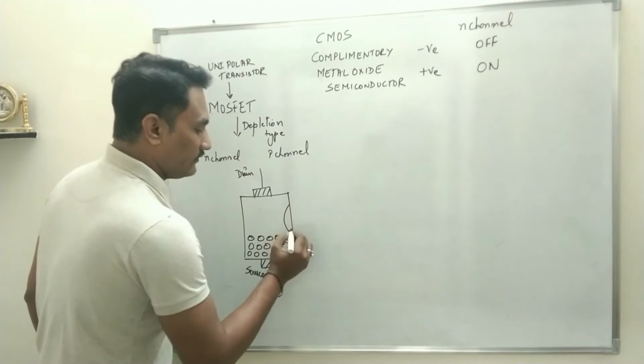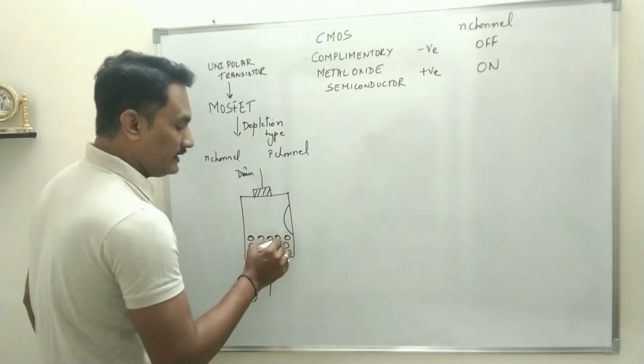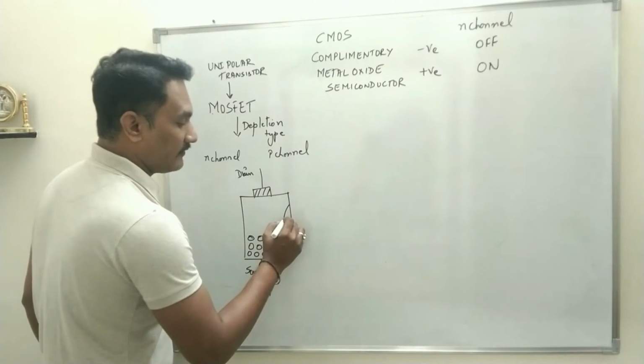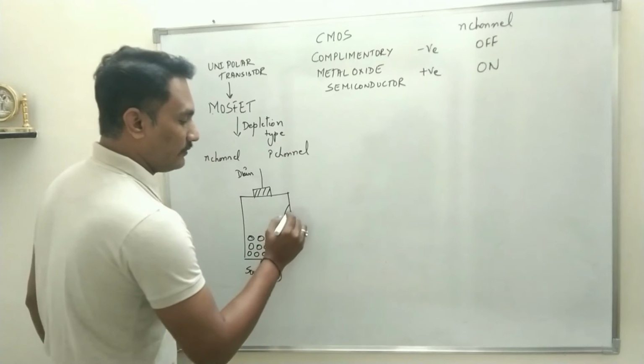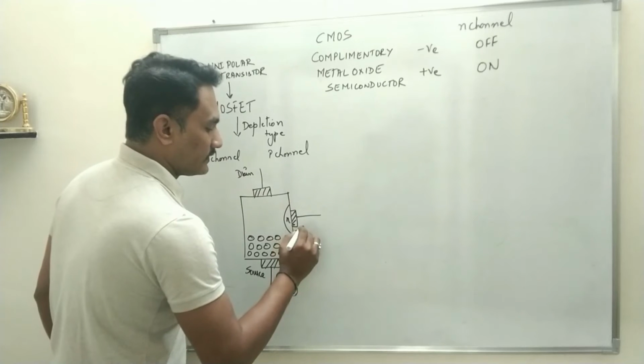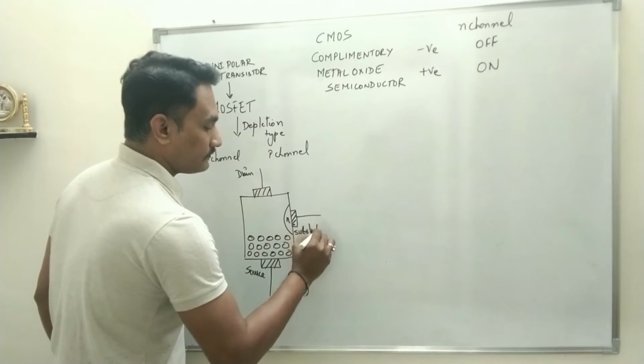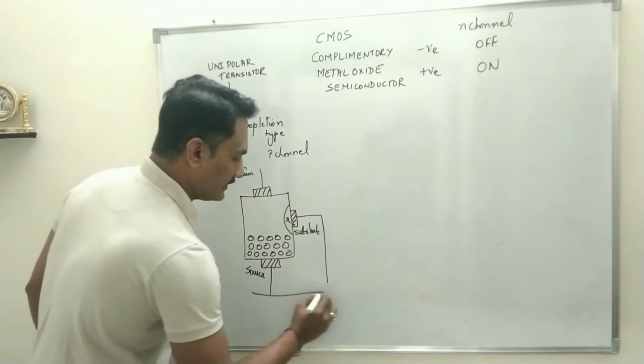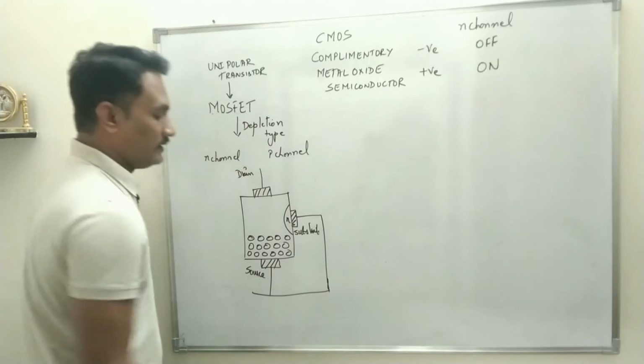On the other side, we will form a PN junction. Already P-type is there, so we will dope a pentavalent impurity so that an N region is formed, and this terminal is called the substrate. And the substrate is always internally connected with the source.